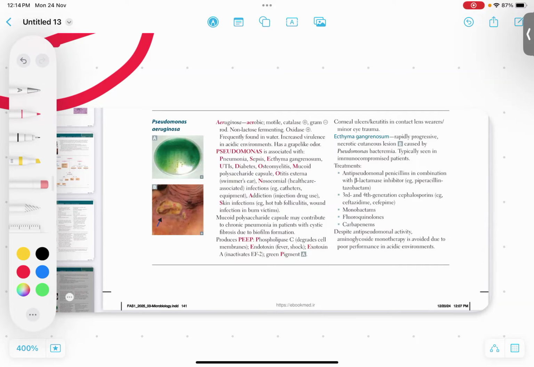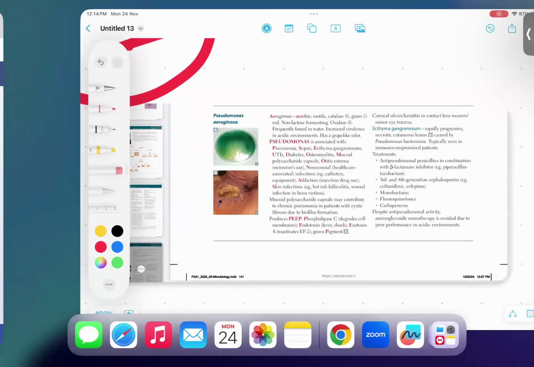Treat with anti-pseudomonal penicillin in combination with a beta-lactamase inhibitor, piperacillin-tazobactam. There are also fourth generation cephalosporins like ceftazidime and cefepime, aztreonam, fluoroquinolones, and carbapenems with anti-pseudomonal activity. Aminoglycoside monotherapy is avoided due to poor penetration in some settings.